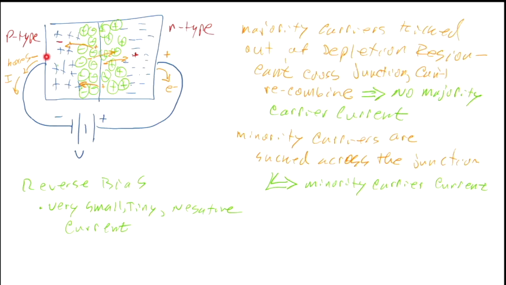Now we have a current flowing out of the p-type region, and it's a very small current. And that's called reverse bias. We have a small negative current for reverse bias, and for positive bias, we have a large positive current. I mean, depending on how we define the signs and all.